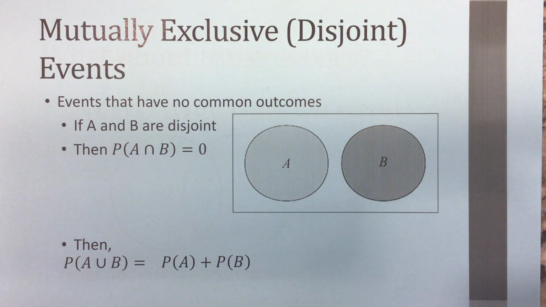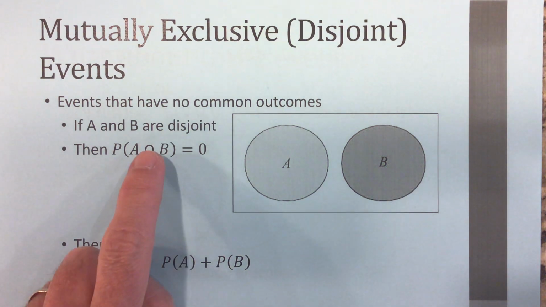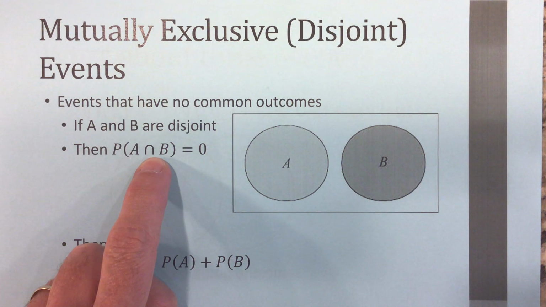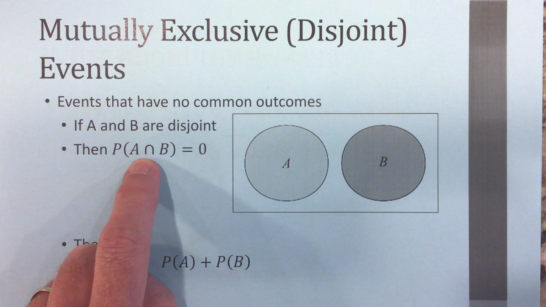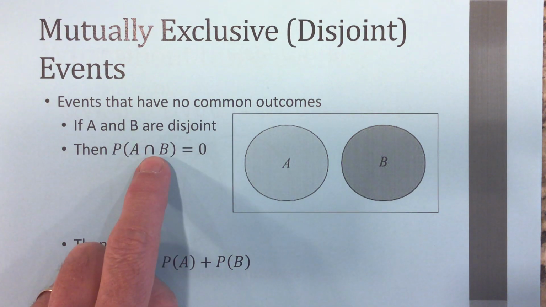But what does that mean, disjoint? Well, it means mutually exclusive. And here's a way of saying it mathematically. Events A and B are disjoint if and only if the probability of their intersection equals 0. So in other words, if they cannot happen together, there's no overlap.